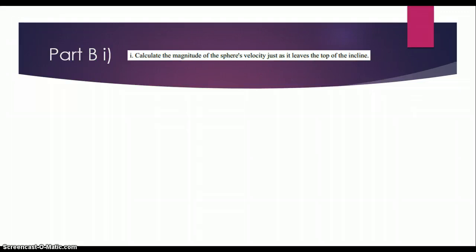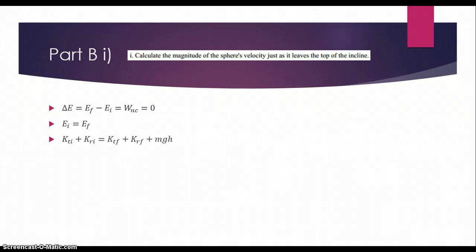Alright, part B is asking us to calculate the magnitude of the sphere's velocity after it leaves the top of the incline. So you're going to start with the change in energy, which is E final minus E initial, equal to the work done by non-conservative forces, which in this case is 0. So from that, we get that E initial equals E final.